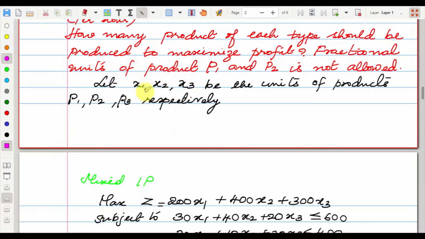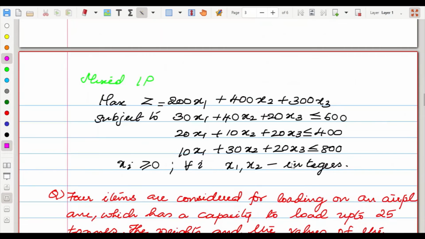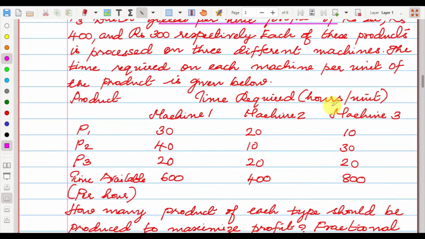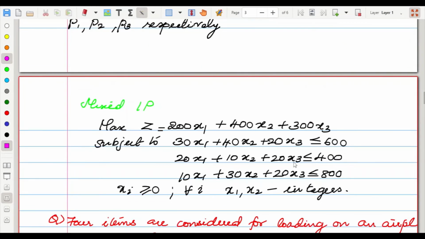It is given that x1 is the unit of product P1. So 200 into x1 plus 400 into x2 plus 300 into x3. Yield means we need to maximize. So maximize. This is the objective function.